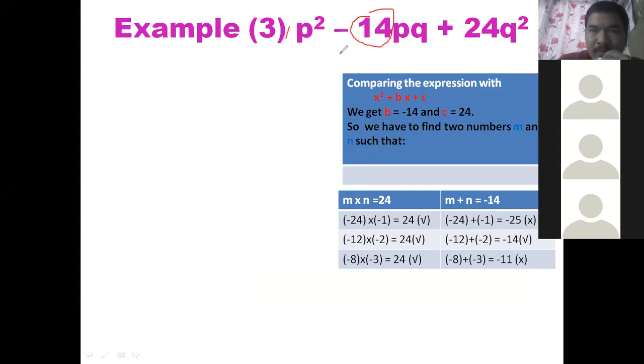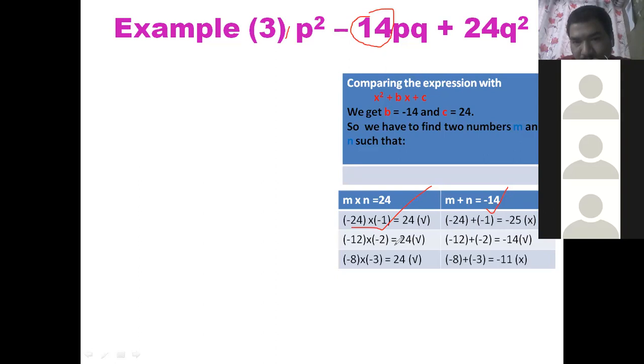Minus 14. Look, I have shown here minus 24 into minus 1. Minus 25 is not equal to minus 14, right? That is false.